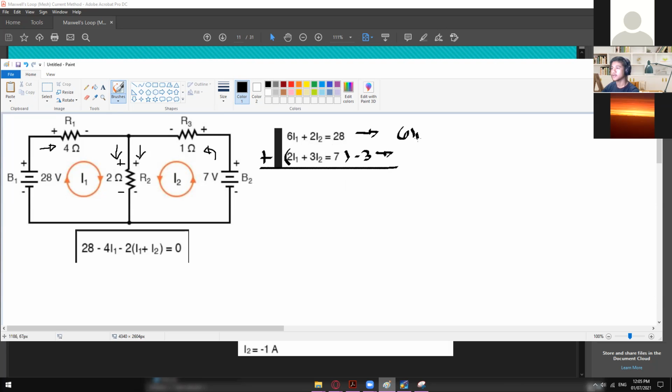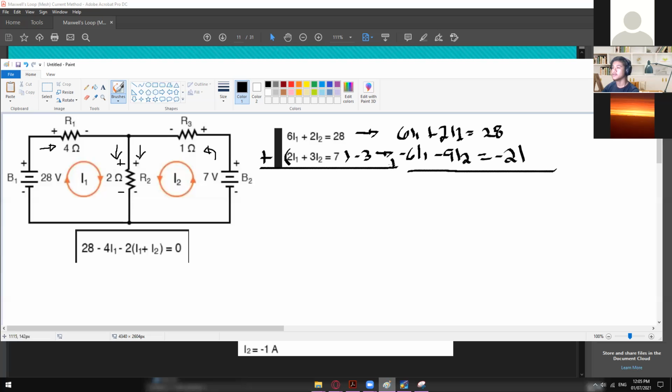So 6 I sub 1 plus 2 I sub 2 is equal to 28. And then on this side, it will give you negative 6 I sub 1 plus, it's negative 6, 9 pala, 9 I sub 2, and it's equal to 7 times negative 3, negative 21.